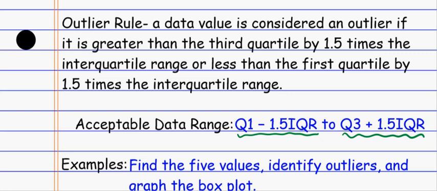So it's this idea that 1.5 times the interquartile range tells me how far I'm allowed to go away from that box before we're considered an outlier, okay? And so when we think about the box plot, that box represents the interquartile range. Well, the 1.5 times the interquartile range is telling me how far in each direction from that box I can go, which is why we subtract on one end and add on the other end in order to get this range of acceptable values, okay?